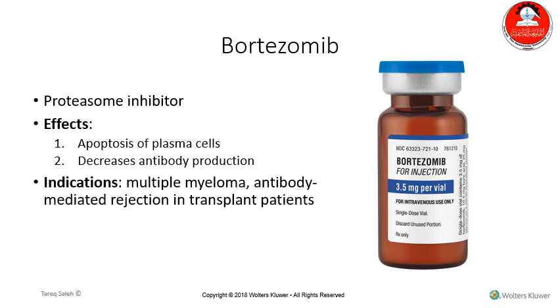Bortezomib is a proteasome inhibitor. Okay, this drug results in inducing apoptosis or cell killing of plasma cells. Remember that rituximab has no effect on plasma cells, right? Because they don't express CD20.